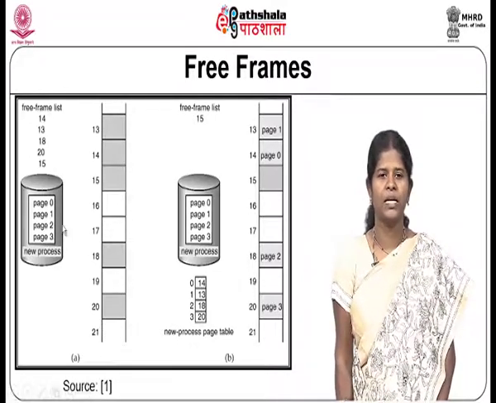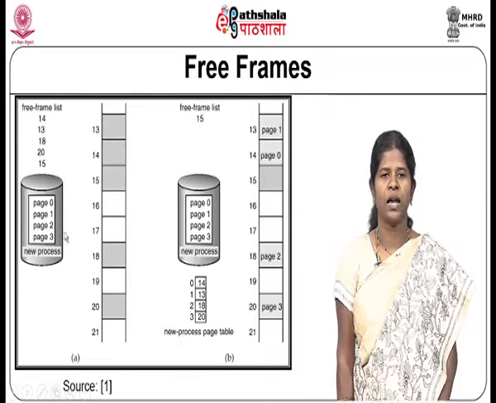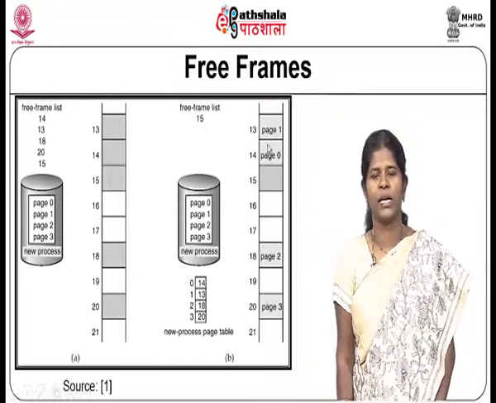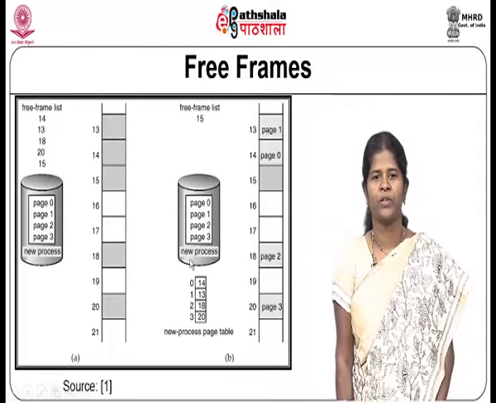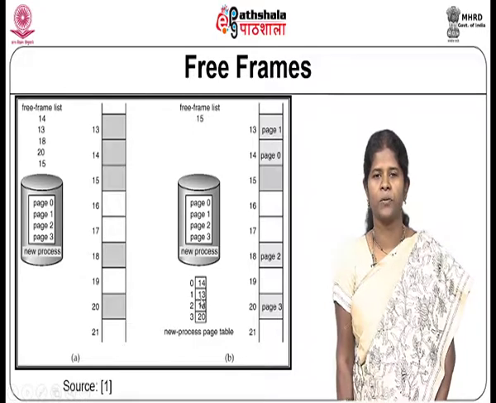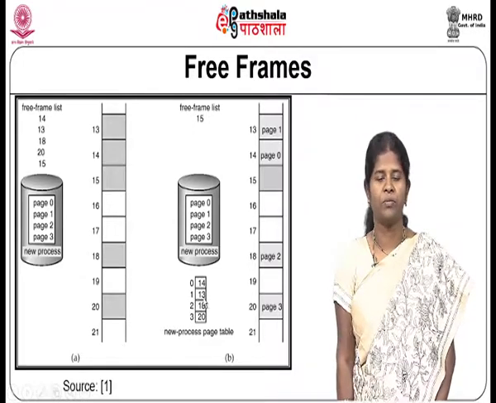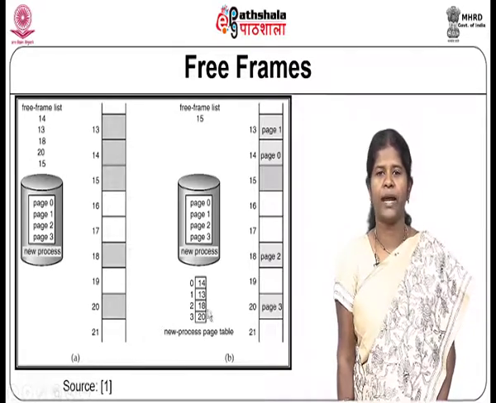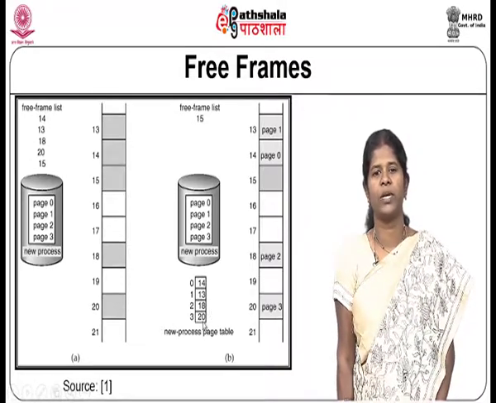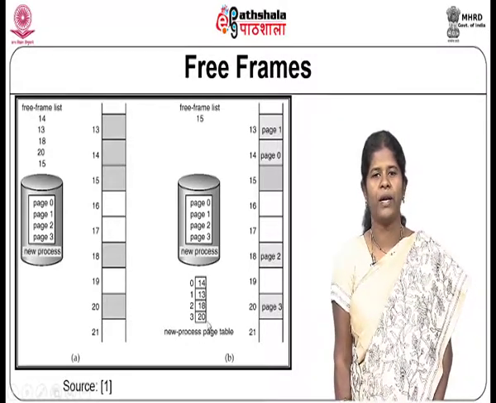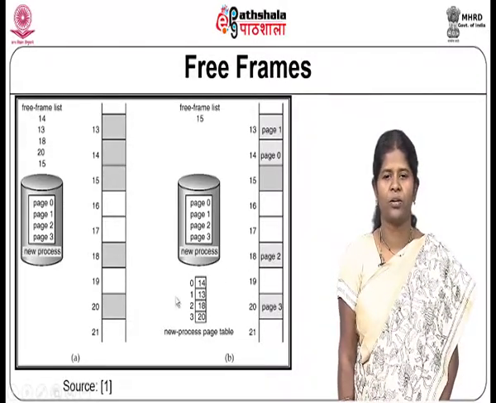And so, this process has 4 pages and the 4 pages are being added into some frames in the physical memory. So, page 0 is added to frame number 14, page 1 is added to frame number 13, page 2 is added to frame number 18 and page 3 to frame number 20, and all these are entered in the page table for this particular process.